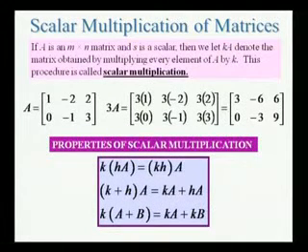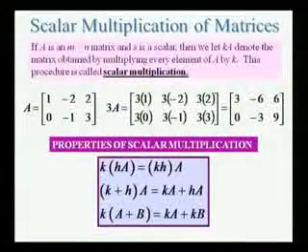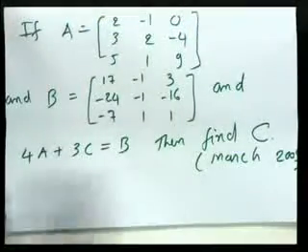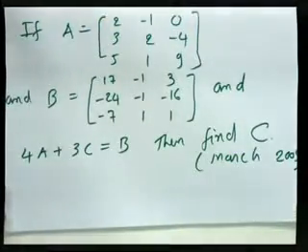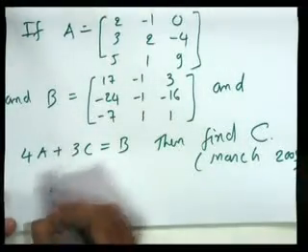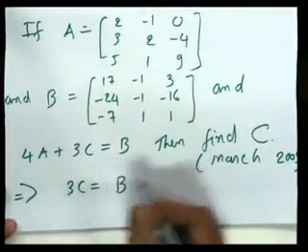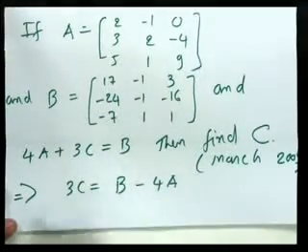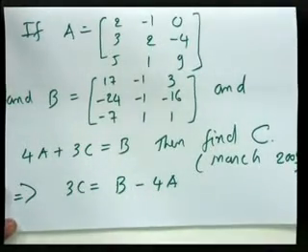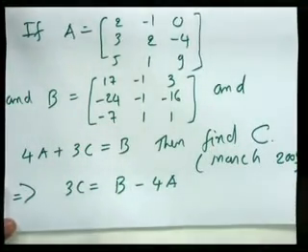These are some properties of scalar multiplication. Now let's quickly look at our example. Here 4A plus 3C is equal to B, which is given, and we need to find C. So 3C is equal to B minus 4A, so we first need to find B minus 4A.